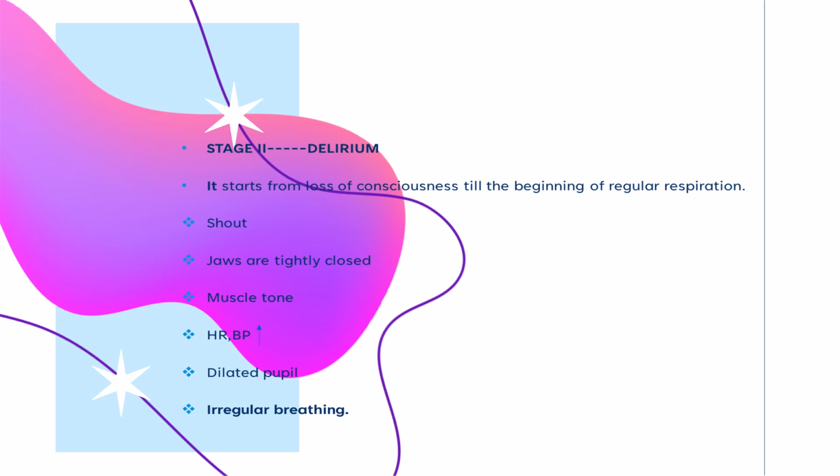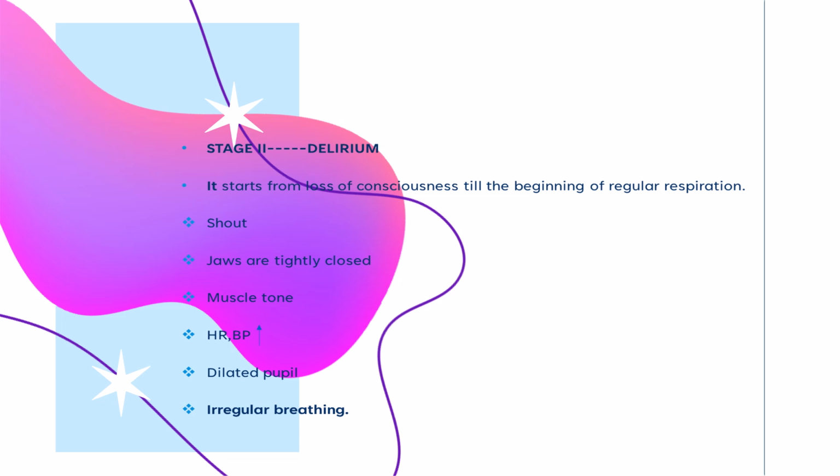Now coming to the second stage, stage 2, it is called delirium. Delirium is nothing but excitement. It starts from the loss of consciousness till the beginning of regular respiration.